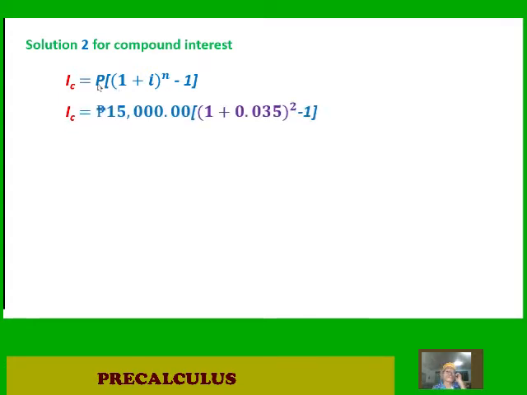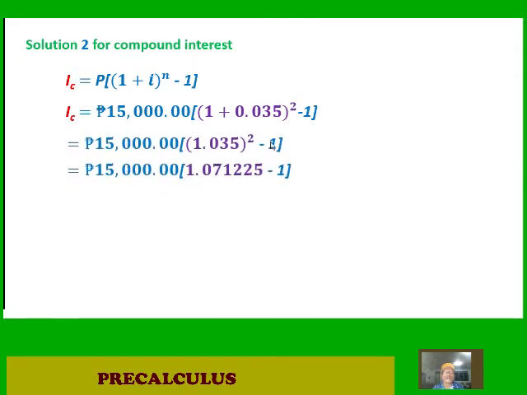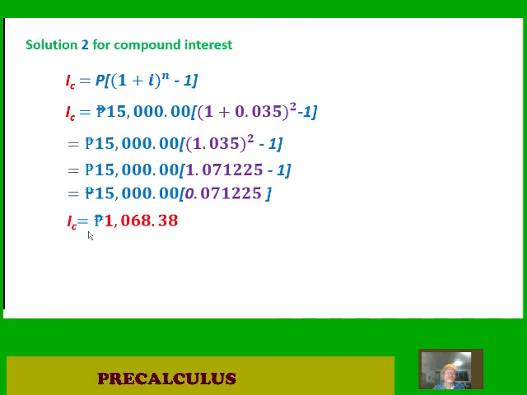Substitute the principal 15,000, I 0.035, N is 2, minus 1. Simplify this one, minus 1. Then this quantity times 15,000. So we have the same answer as the previous one.